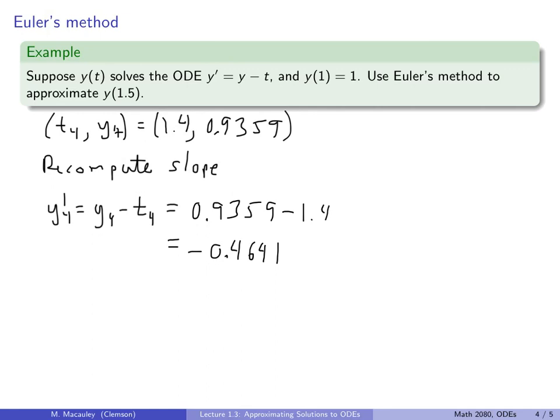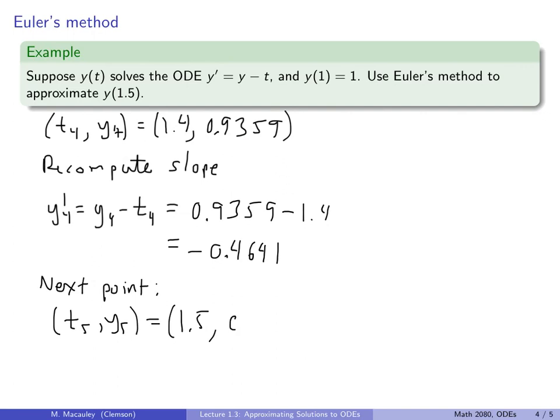And so our next point, this is our final point, is t5, y5, which is 1.5, and then we have to do the old y value.